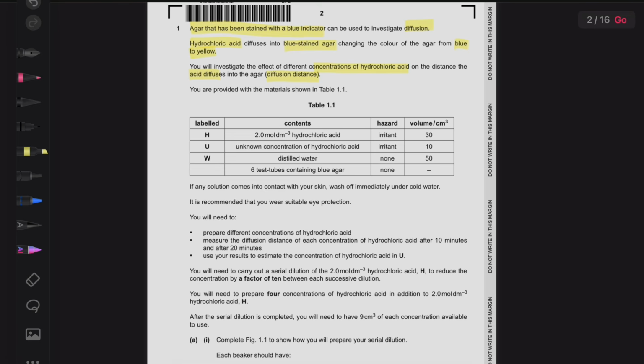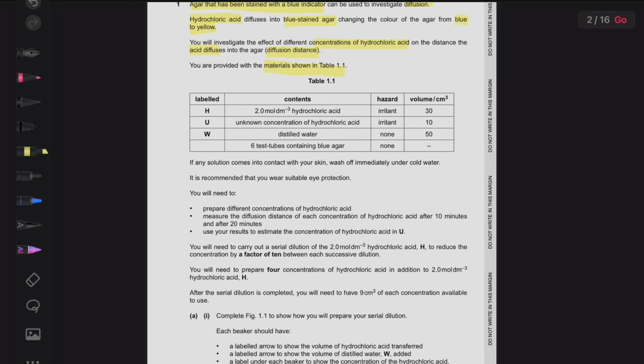So we've been provided with a couple of materials as listed in the table. For starters, we have 30 cm³ of 2 mol/dm³ HCl. Then we have 10 cm³ of an unknown concentration of hydrochloric acid. So these two both contain HCl, one with a known concentration, one without.